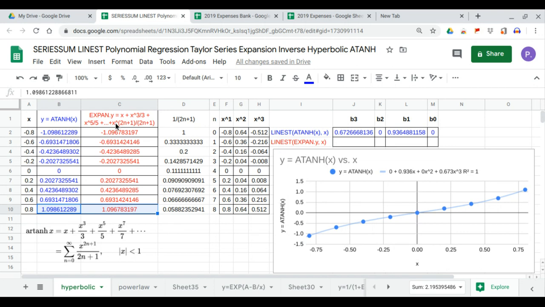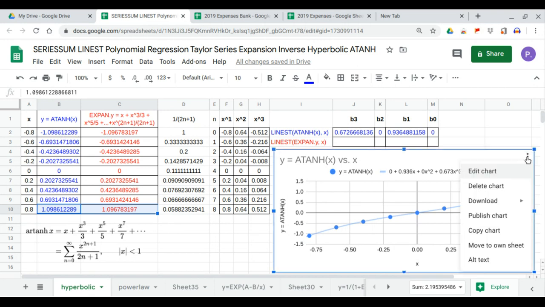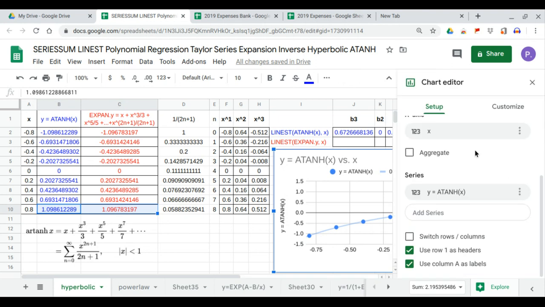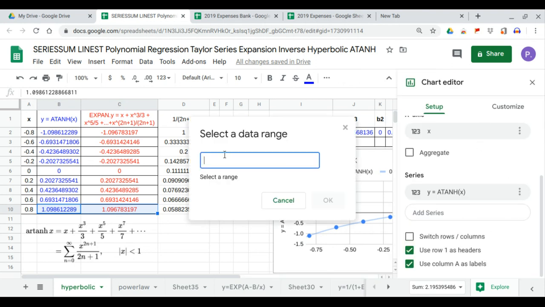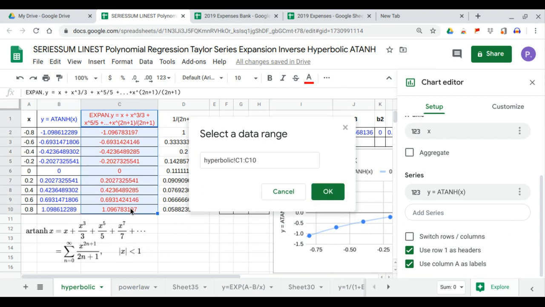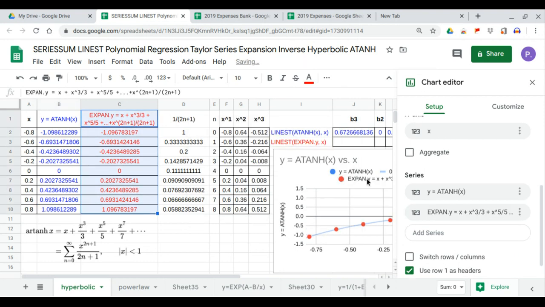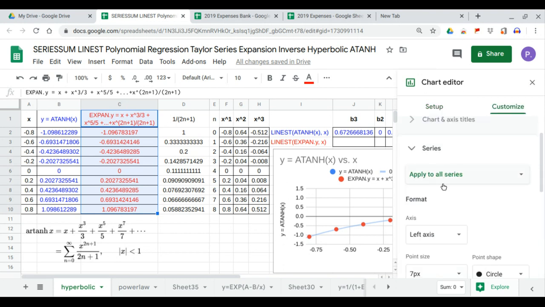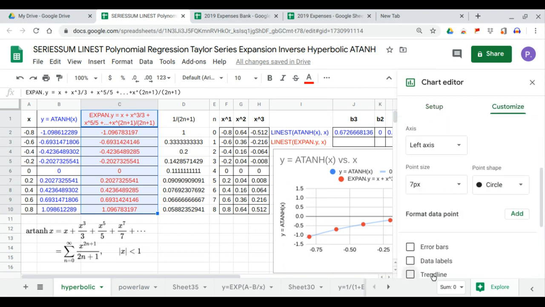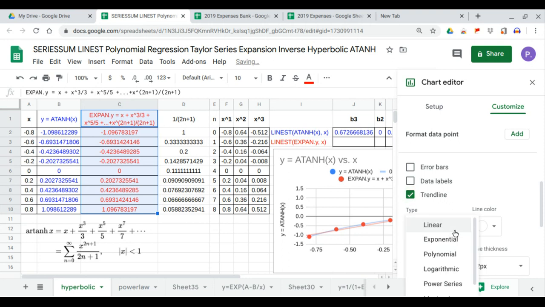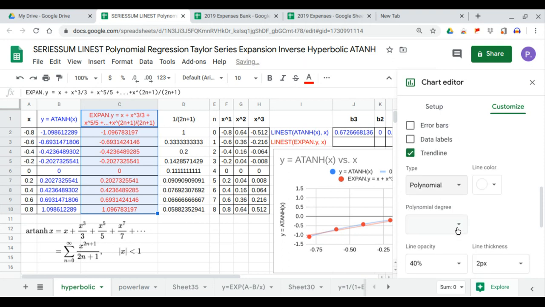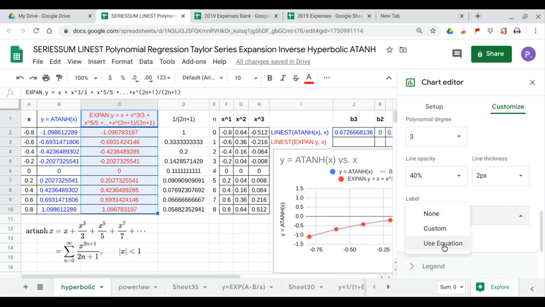So we will insert this in the chart. So this range, and we show the trend line. So trend line polynomial raised to the power 3. We'll even show the r squared.